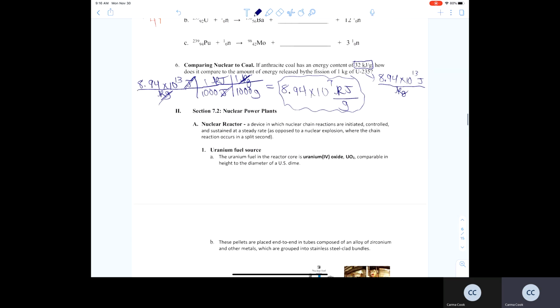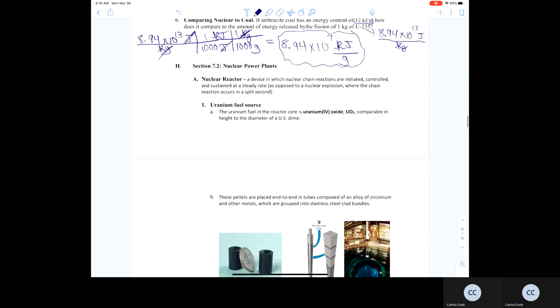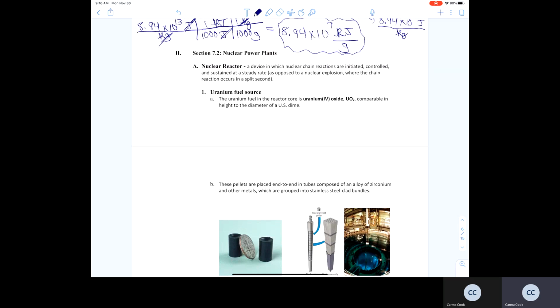So let's talk about nuclear power plants. In a nuclear power plant, you have a nuclear reactor. It's a device in which your nuclear chain reactions are initiated by bombarding your uranium material with neutrons. These reactions, as you can see, produce lots of energy. Very explosive if they're out of control. You don't want your nuclear power plant to blow up.